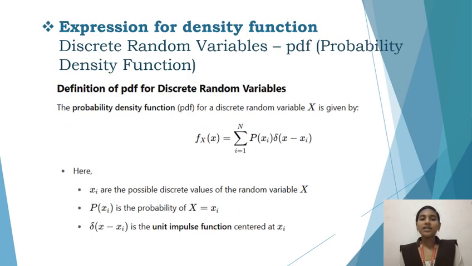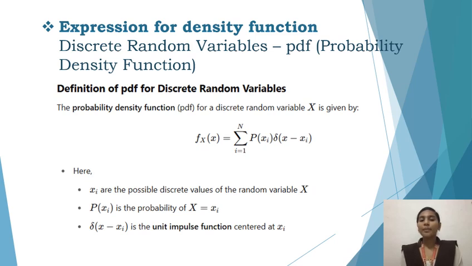Let us discuss the expression for density function. Number 1, discrete random variables for small PDF. The probability density function small PDF for a discrete random variable is written as small fx of x is equal to summation of i equals 1 to capital N, p of xi into delta of x minus xi.